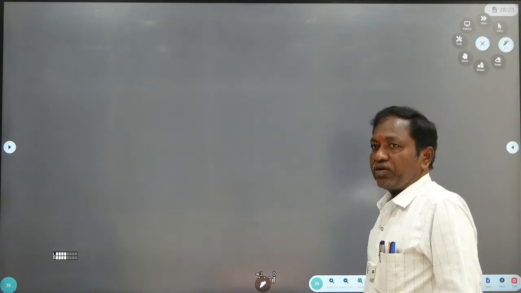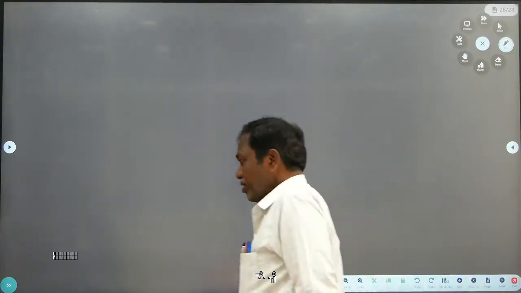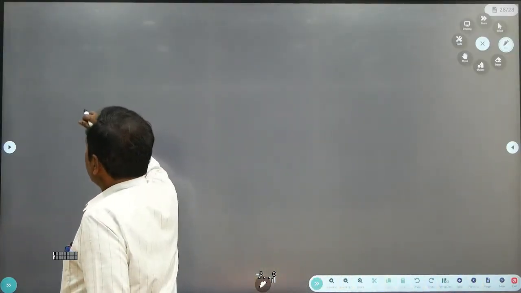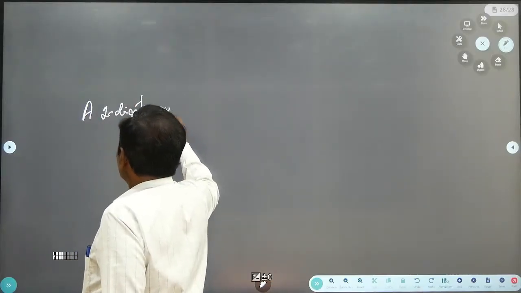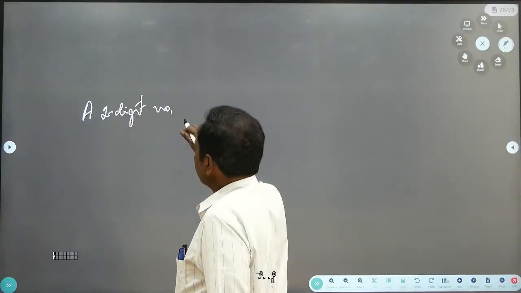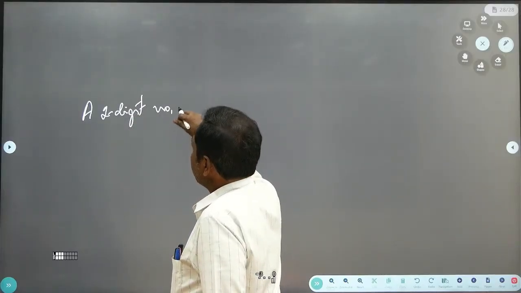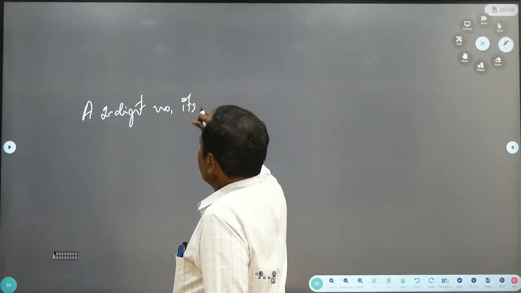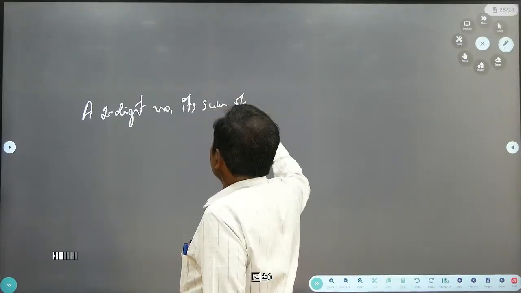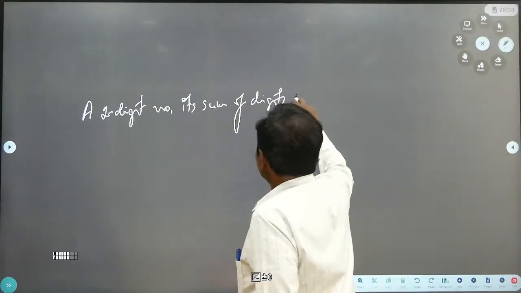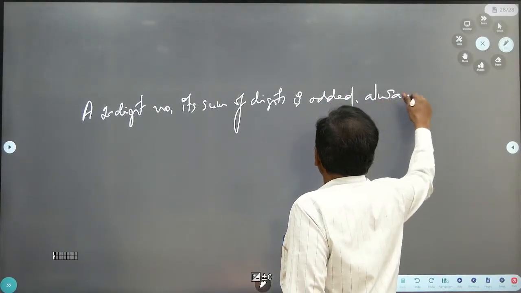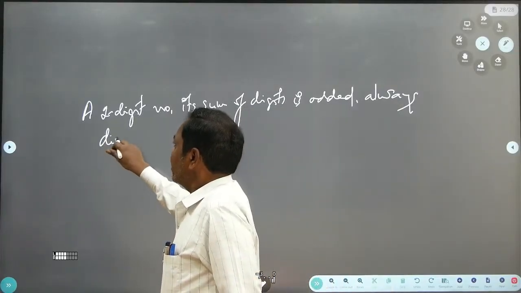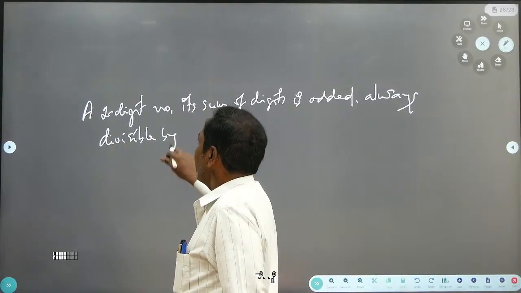Right. So now what is the uniqueness of 11? A 2-digit number, the sum of digits, when the digits are added, is always divisible by 11.